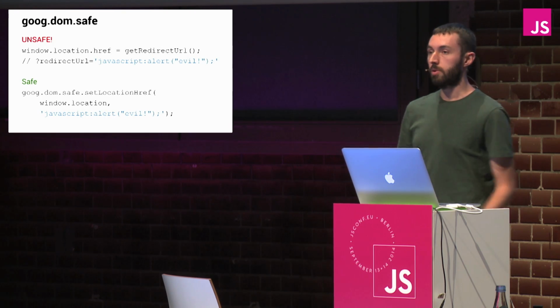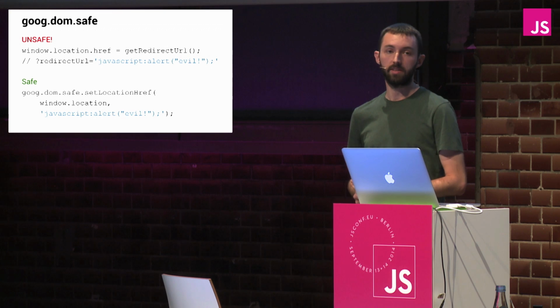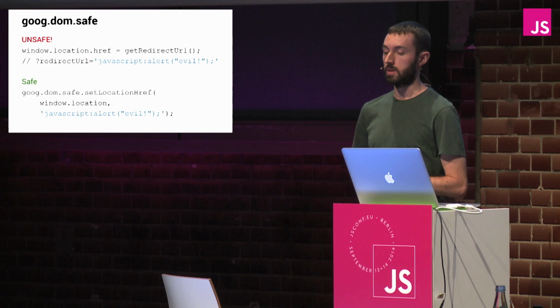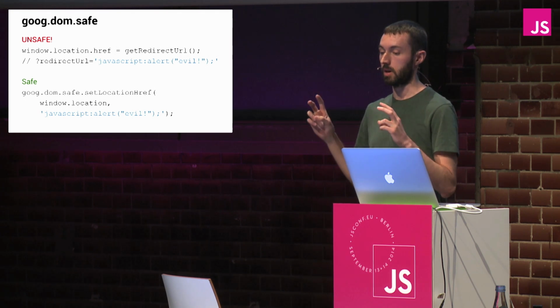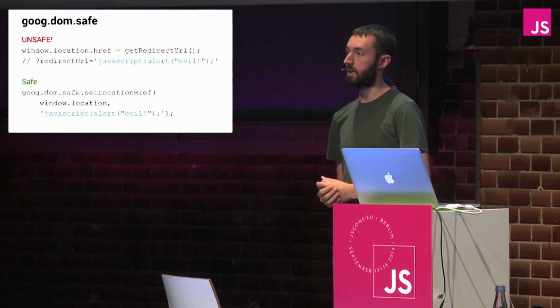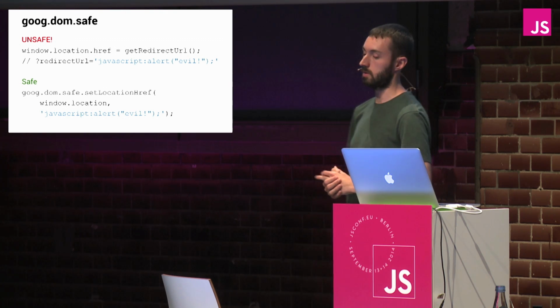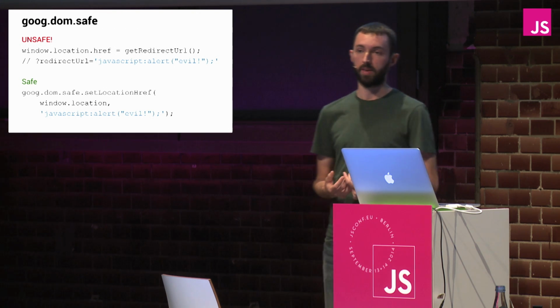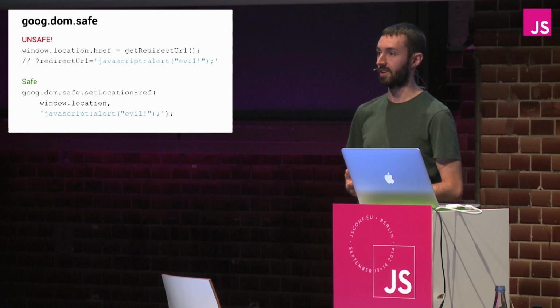And so this example is actually based on something that the security team at Google has worked on over the last year, which is something they call API hardening inside of Google. Specific to the web, they worked on a library called Goog.dom.safe, which is safe wrappers around the DOM API. The DOM API has a lot of security holes.